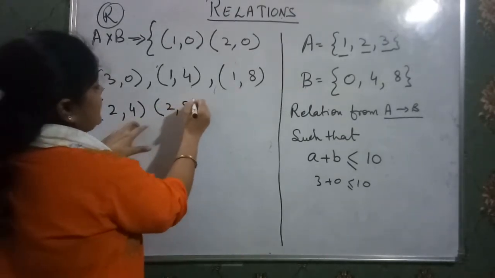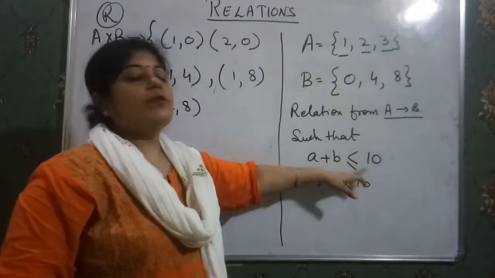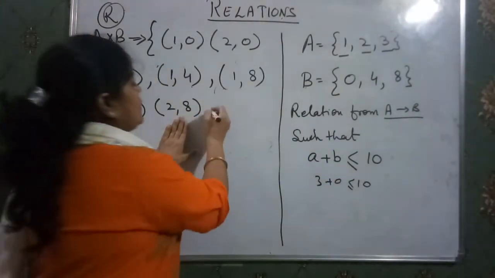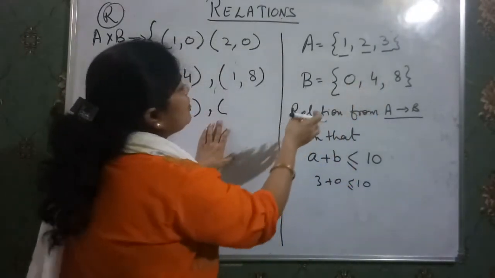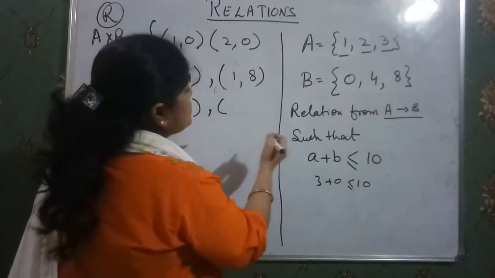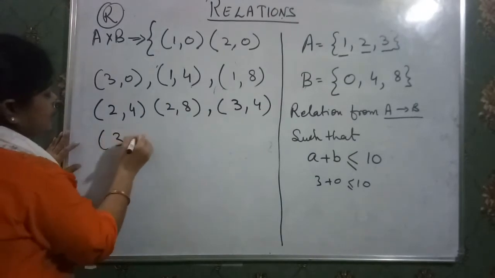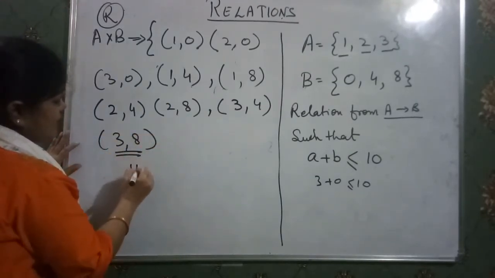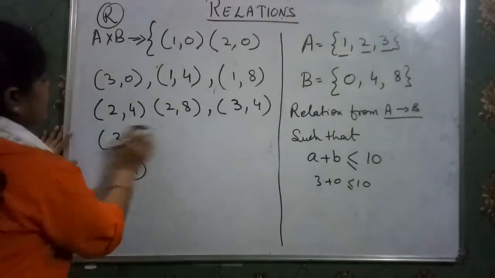Then 2 comma 8, when we sum 2 and 8 we get 10, which is equal to 10, so this must be there. Now 3 comma 4, 3 plus 4 is 7, it must be there. Then 3 comma 8, this is 11, which is greater than 10, so this should not be there.